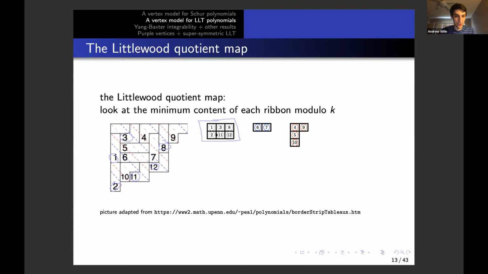Okay, and same thing for the blue and the red. So overall, the Littlewood quotient map gives me a bijection between semi-standard k-ribbon tableau and semi-standard Young tableau on the k-tuple of shapes.